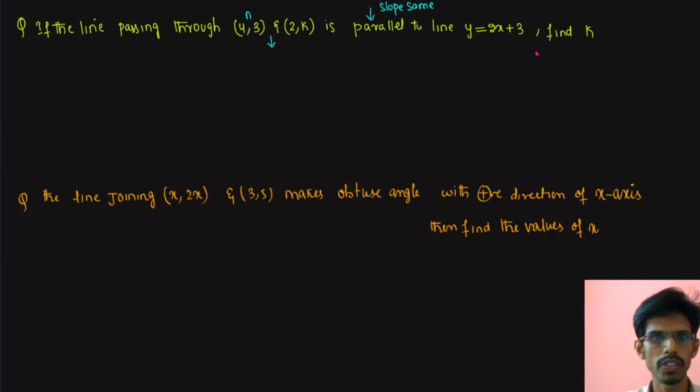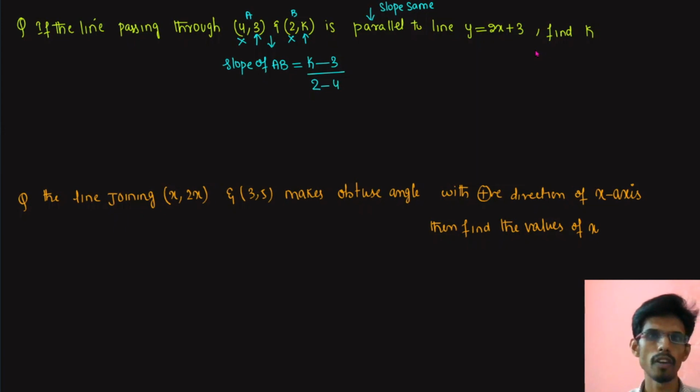Let us take this as AB. So I am taking slope of AB here. Slope of line passing through AB will be y2 minus y1 upon x2 minus x1. So here we have y2 is k minus y1 is 3 upon x2 is 2 minus x1 is 4. This is the slope of AB.